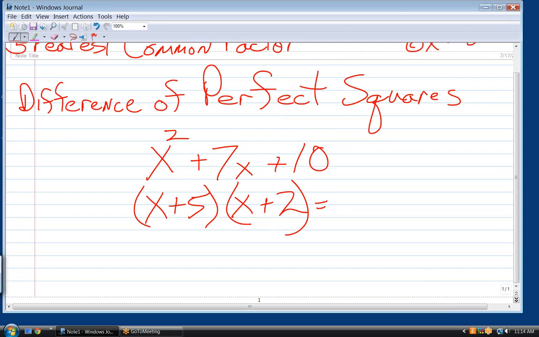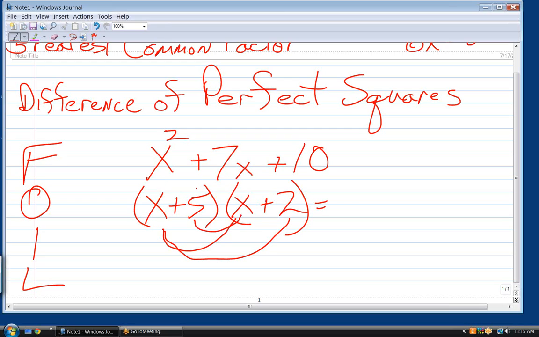FOIL is pretty standard, is what's taught, and it means first, outside, inside, last. What they mean by that is there's the first, there's the outside, there's the inside, and there's the last.